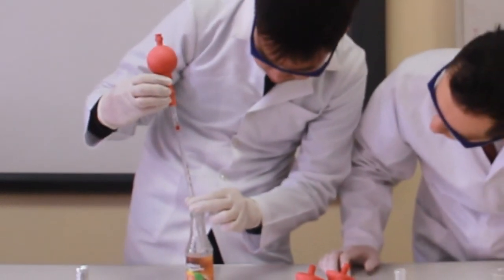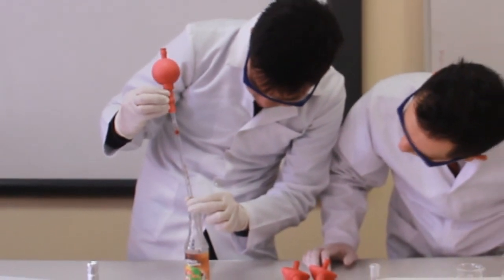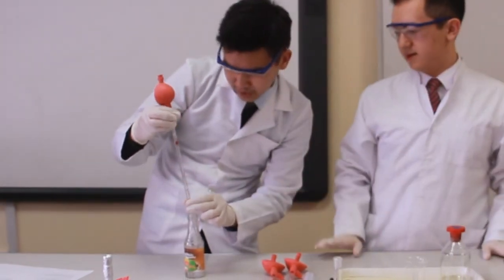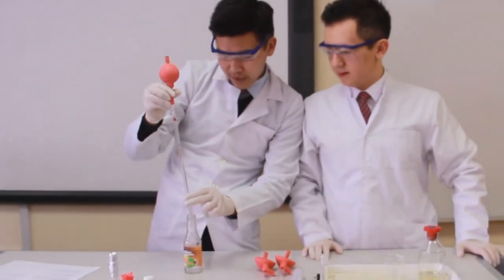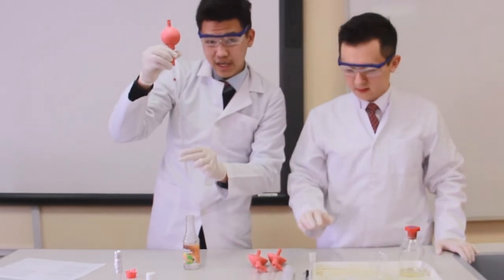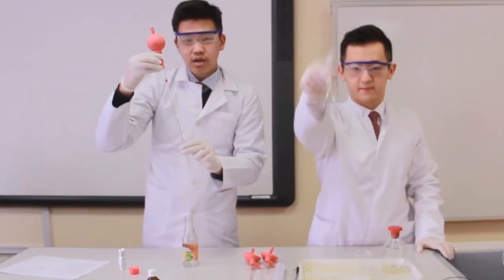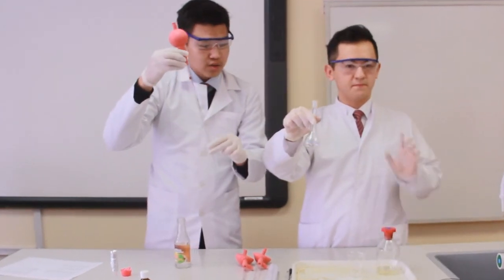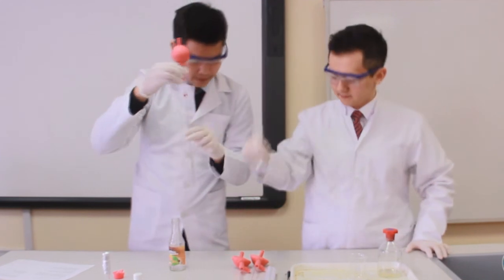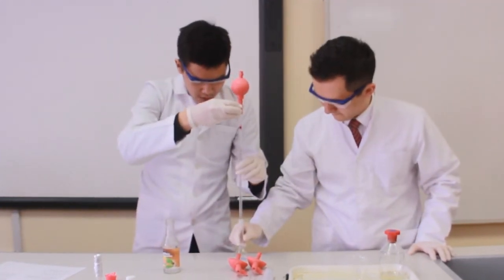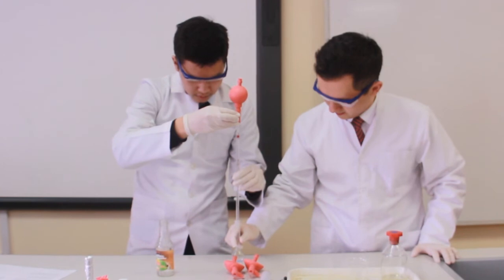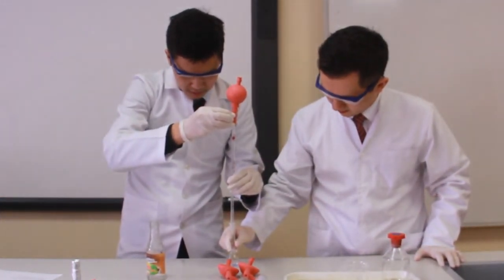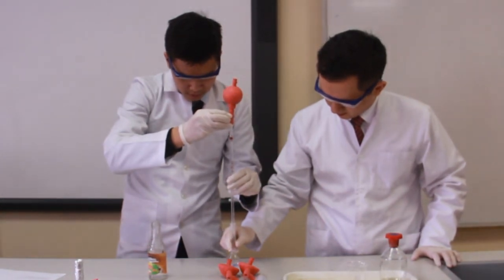From the meniscus we can see that it's exactly 5 centimeter cube of our ethanoic acid, and so we place this volume of reactant into our boiling tube. We're pushing the E button to make the pipette empty and placing our reactant into the boiling tube.